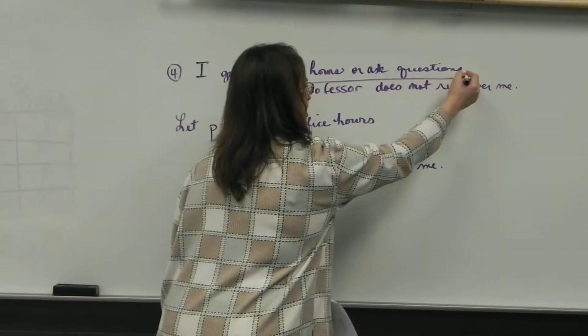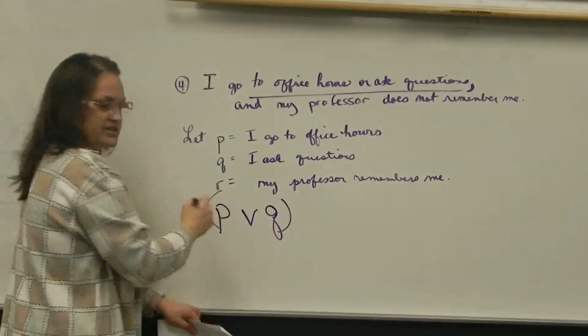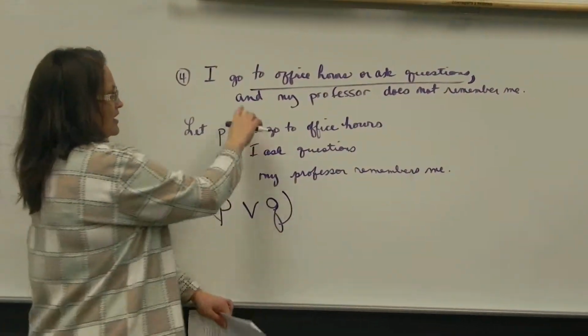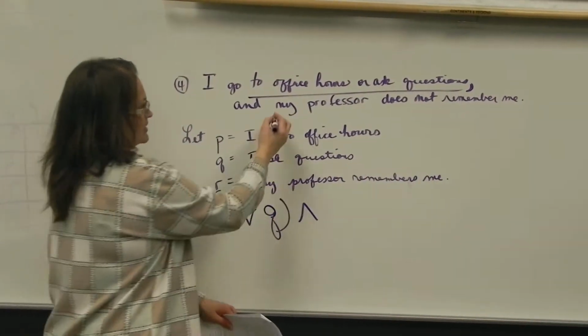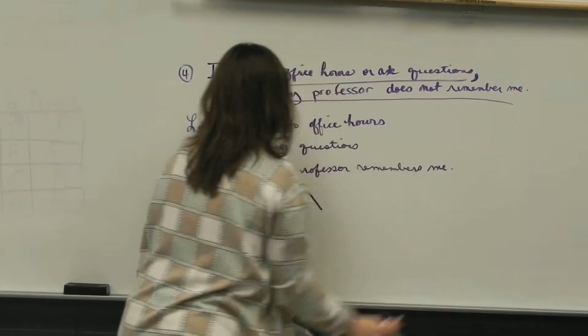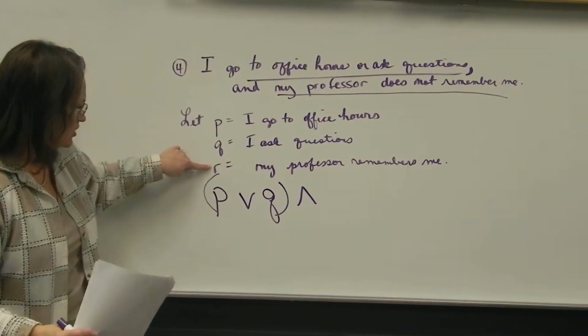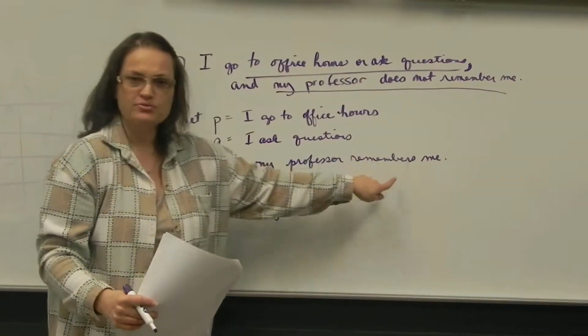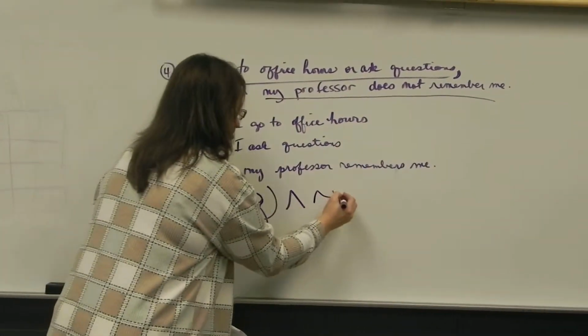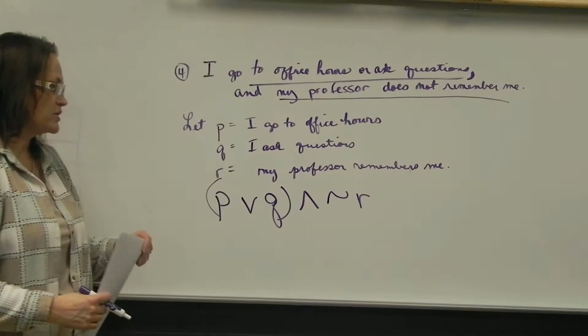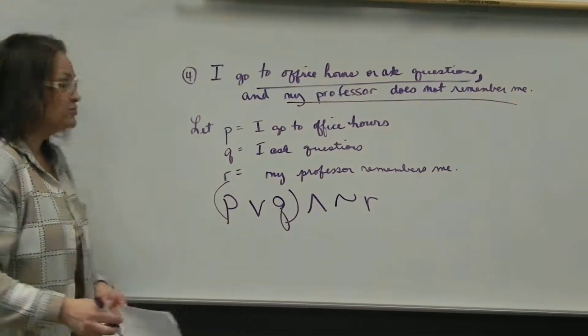Usually when you see the comma separate, there's a parenthesis around those 2 ideas. Then it says the word and, which is the inverted V, and my professor does not remember me. Now notice we made statement R represented by my professor remembers me. So this has negated it. So we need to say negation of R. So you pick that choice. Then it says to make a truth table for that.